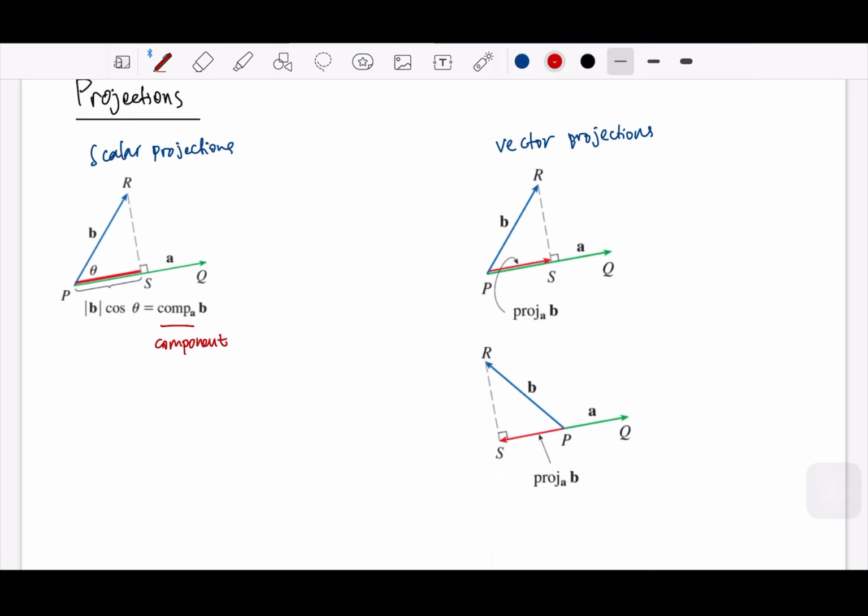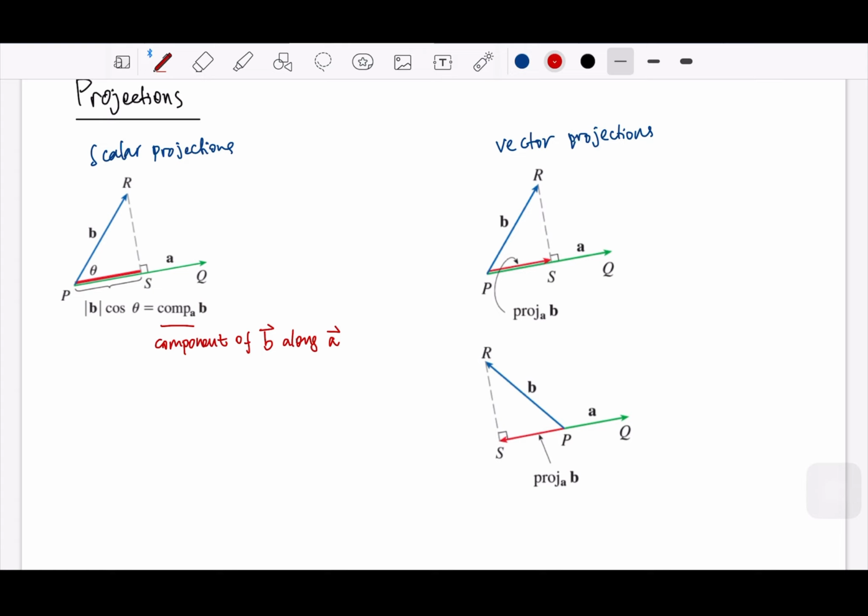For example, in this case, this is called the component of vector B along vector A. If you're looking at how we get this scalar, it's precisely using the cosine of this angle, right?